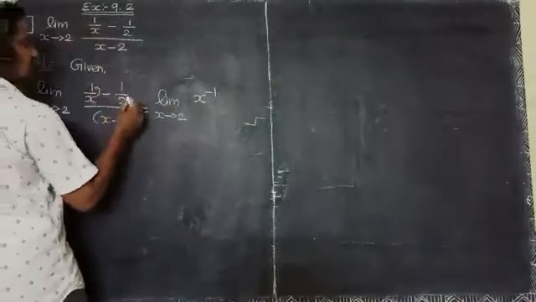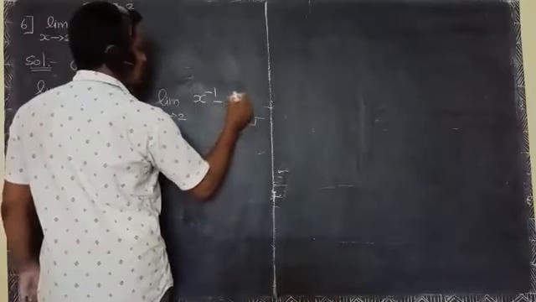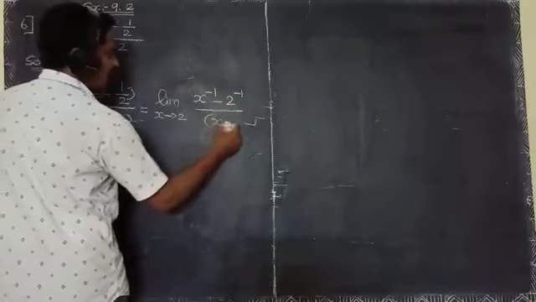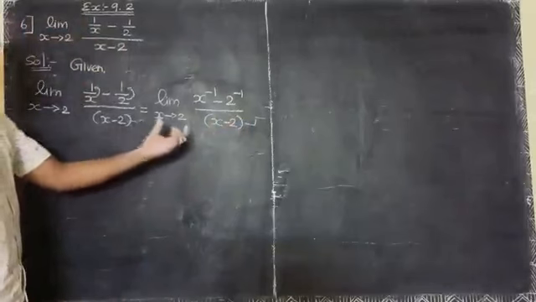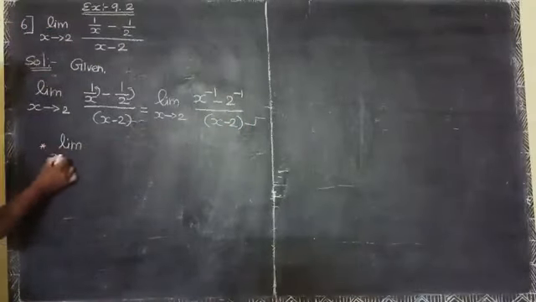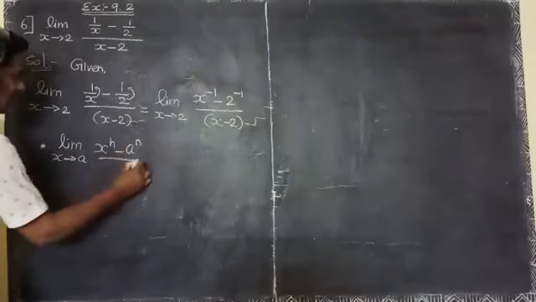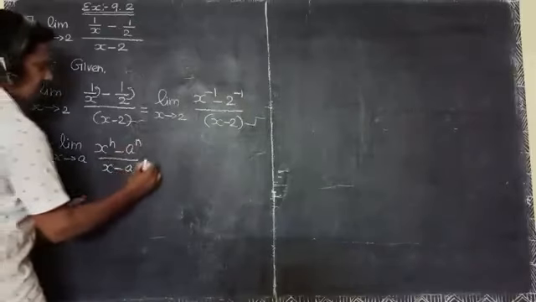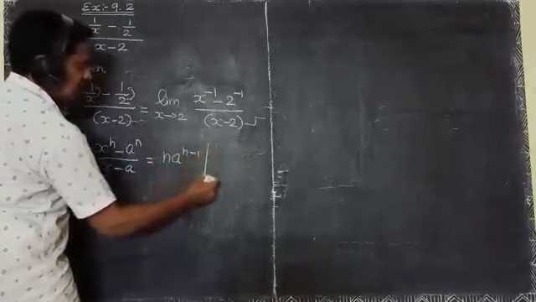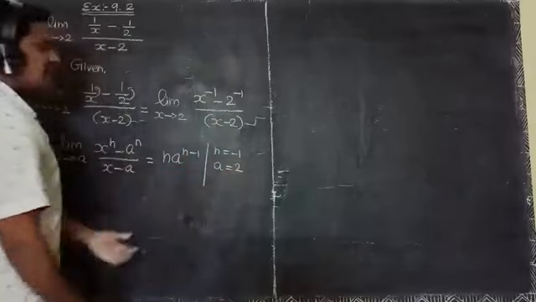In the second term the number 2 goes to the numerator, that is minus 2 power minus 1, divided by the factor x minus 2. This is the structure of limit x approaches a of x power n minus a power n divided by x minus a, which is equal to n into a power n minus 1. Here n equals minus 1, a equals 2.